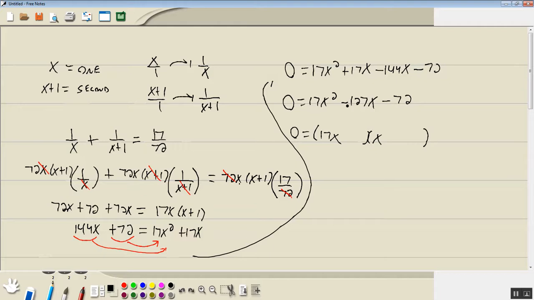what are my signs? Okay, this is a negative. Signs will be different. This is a negative, so this should be a negative. Well, I shouldn't say that. Signs are different. 1 and 72, 2 and 36.